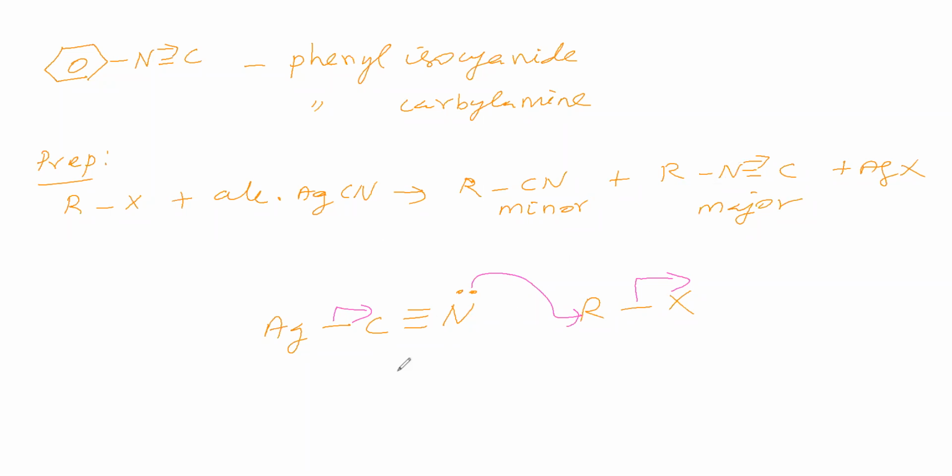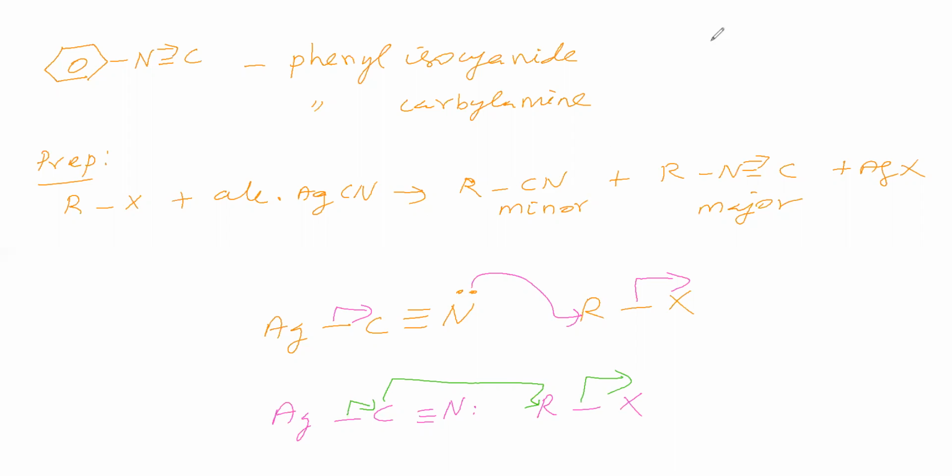Next possibility: in AgCN between carbon and nitrogen is a triple bond. Now with alkyl halide, the bond shifts like this, then it attacks this R, then the halogen leaves, and we are getting cyanide.